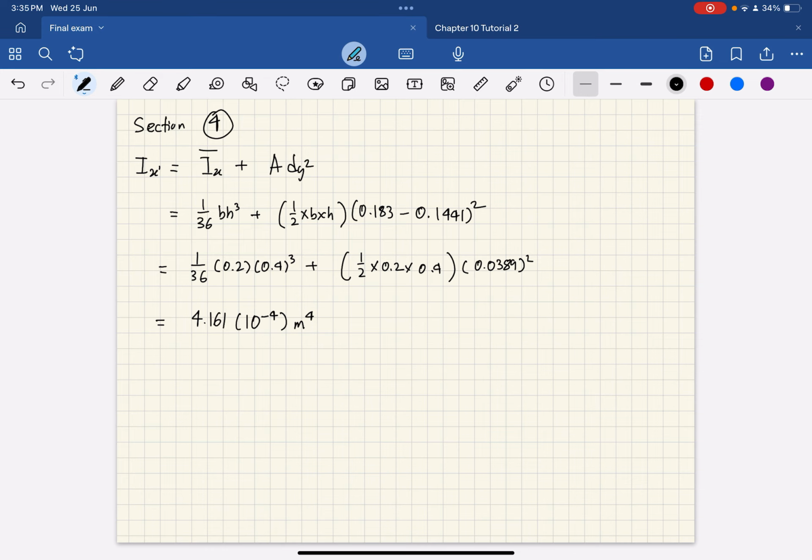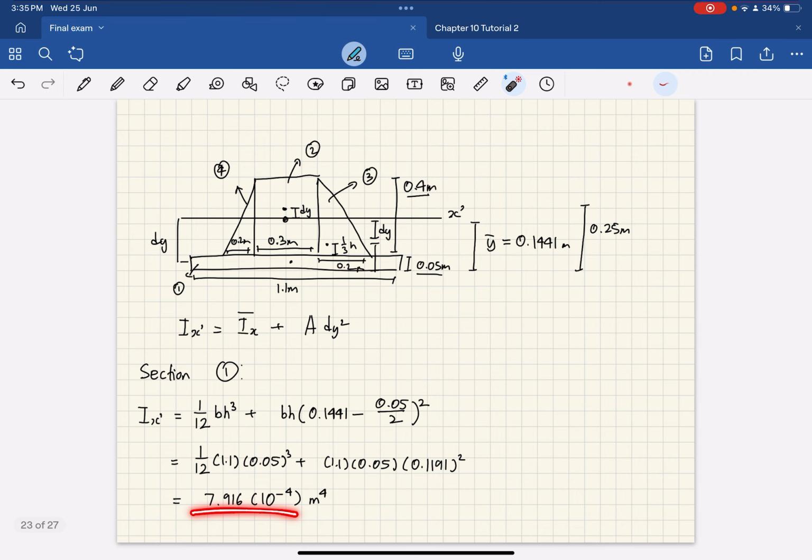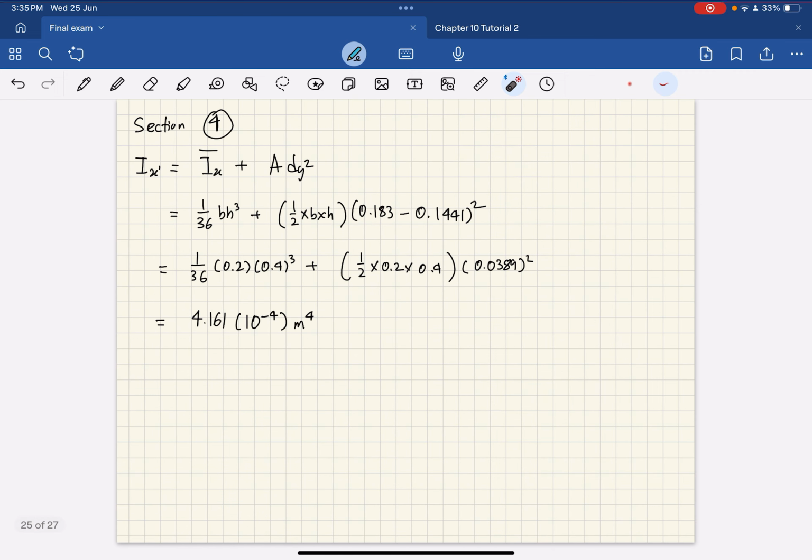Okay. So after you've found all the moment of inertia along that x prime axis for each shape, you just have to add them up and you'll get the final answer. So the resulting moment of inertia would be from section 1, from section 2, from section 3, and from section 4.